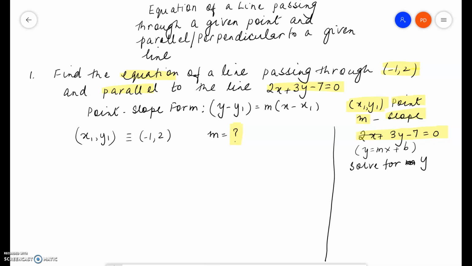So how do we find the slope of the line 2x plus 3y minus 7 equals 0? We need to put it in the form y equals mx plus b, which means we solve for y. We want to keep y on the left and move all the other terms to the other side, so we subtract 2x on both sides and add 7 on both sides.